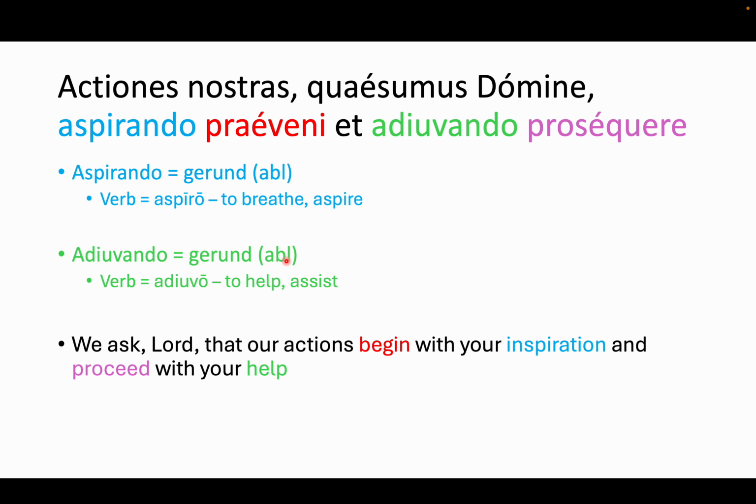And again, it's an ablative, so we can use the preposition with. So you can see how these verbs get transformed into noun equivalents. So we begin with your aspiration and continue with your help, or our actions rather, not us. Our actions begin with your inspiration and proceed with your help.